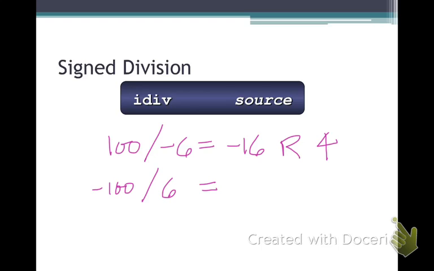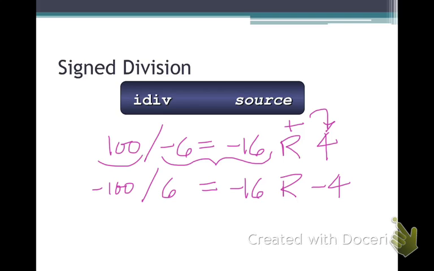In that case, my quotient is going to be -16, but my remainder is going to be -4. This goes back to what you're doing with division. Quotient times divisor plus remainder should give you your dividend. So -6 times -16 is positive.